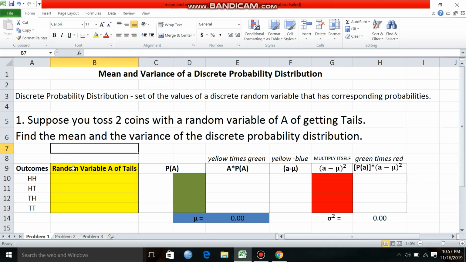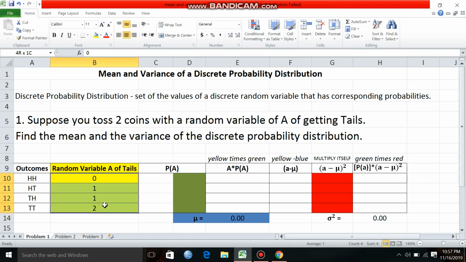Since the random variable A is the number of tails, we need to count the number of tails per outcome. In the first outcome we have 0, in the second we have 1, the third is one tail, and then here we have two tails, so we put 2.